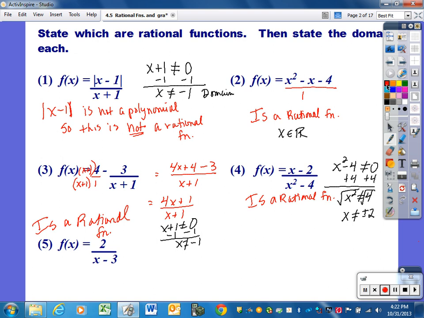And the last one, number 5 down here, is 2 a polynomial and is x minus 3 a polynomial? Yes, they are. So this also is a rational function. My domain, x minus 3 cannot be 0. Add 3. So x cannot be 3 is my domain.